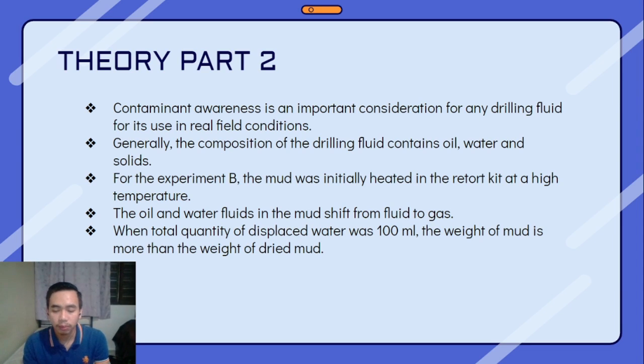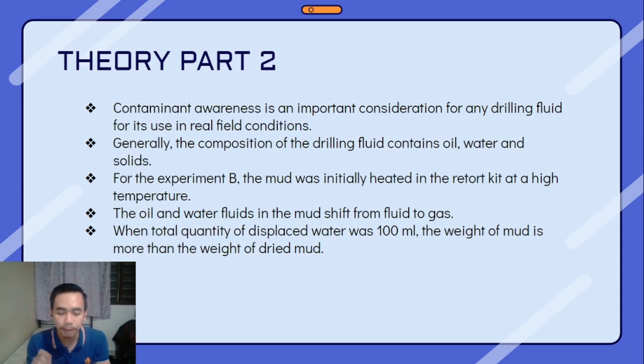As the fluid boils, heat energy is obtained, and due to kinetic energy, the molecules will collide with each other. As a consequence, the oil and water in the mud shift from liquid to gas.